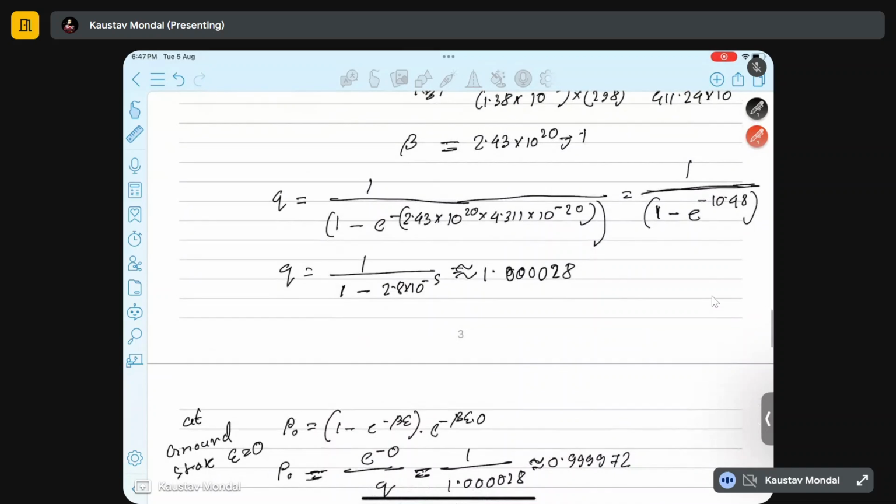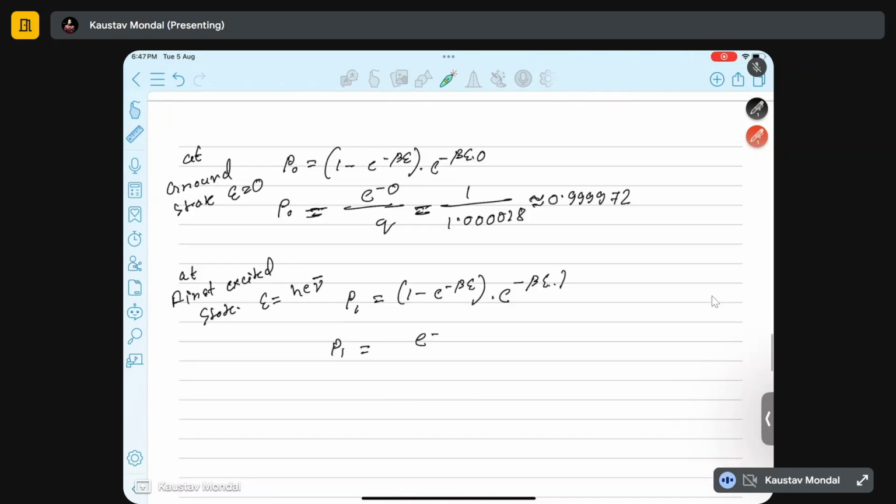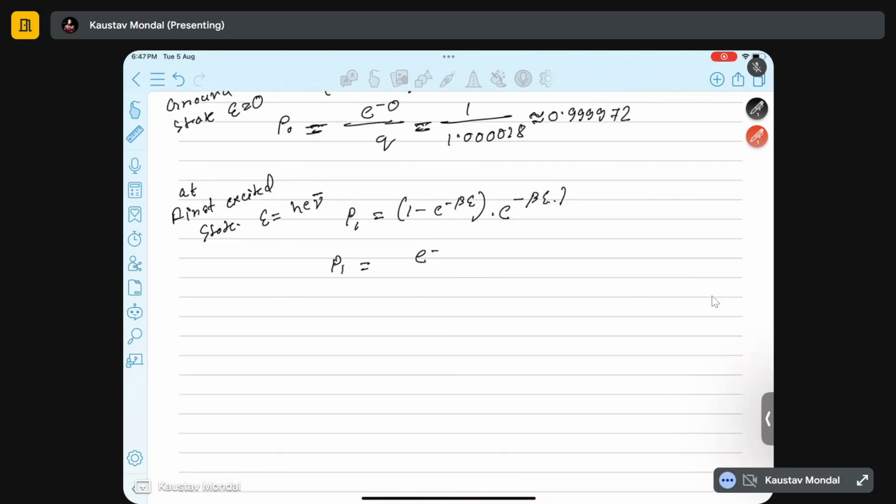That was 10.48. So simply substitute it here. This will save a lot of time. So it will be power minus 10.48, because it's the first excited state.